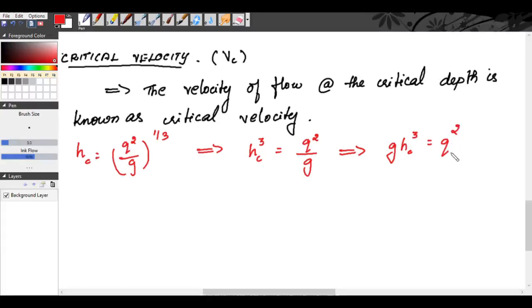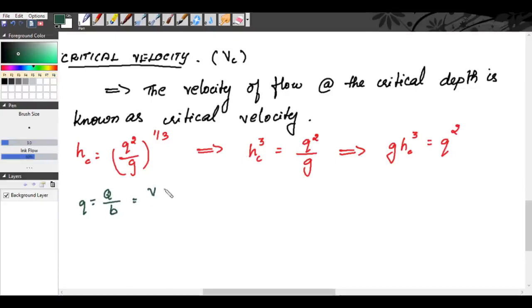Now we know q is equal to total discharge by the width, right? I will write it here. We know q is equal to capital Q by B. Now what is discharge?